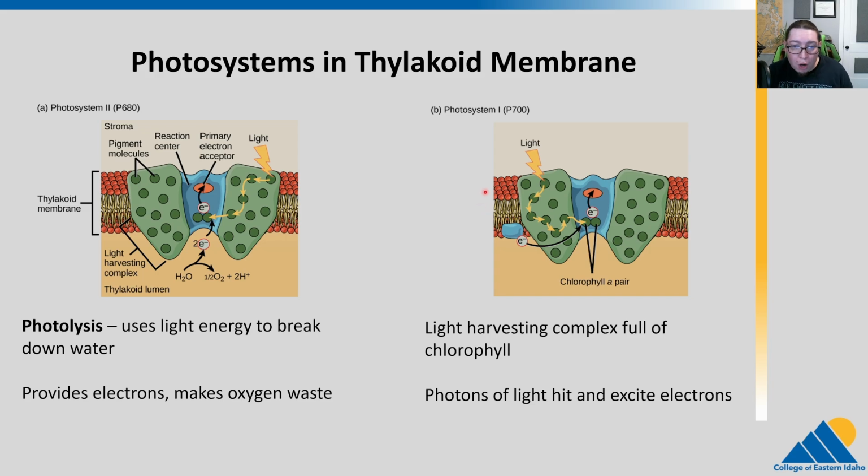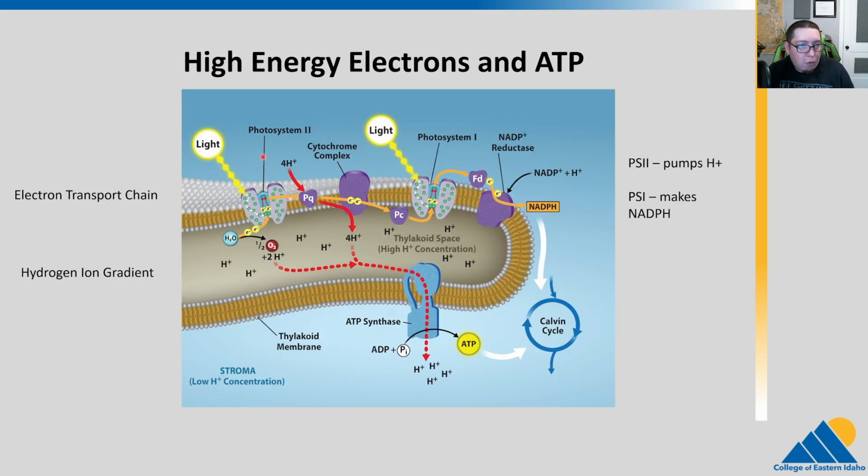Photosystem 1 is also harvesting light energy and transferring it to chlorophyll A, re-energizing that electron. Photosystem 2 is taking light energy, breaking the water, creating hydrogen ions and oxygen, but it's also powering pumps in that electron transport chain that are pumping hydrogen ions, in this case, into the thylakoid space. We have a high concentration of hydrogen ions, or protons, here.